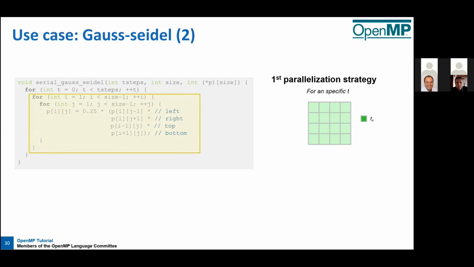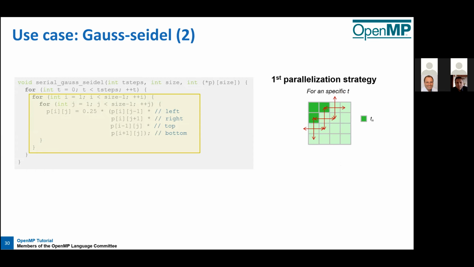The typical approach is that you can compute the upper left corner, and then in the next wave, you can compute that diagonal. So you can compute this element, and that element. And then in the next step, you can do this.